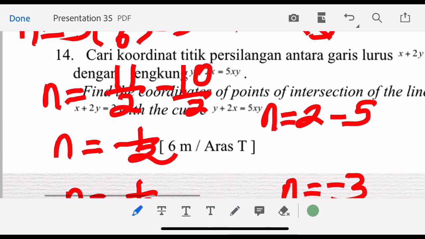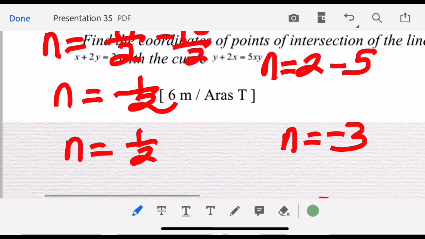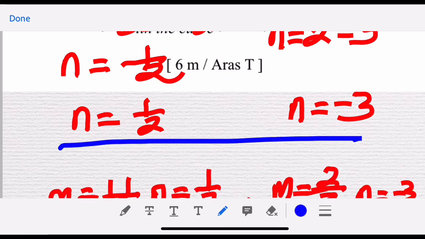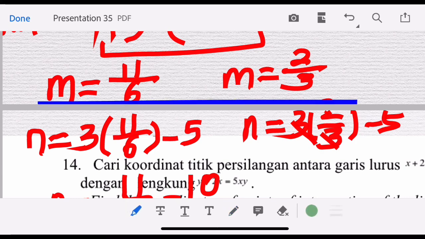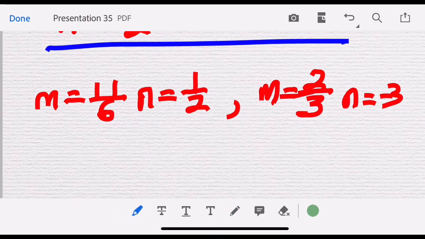You can actually write the answer in pairs, or you can just write your answer for the n, and the answer for the m, which is these two, right? So finally we have solved the simultaneous equation. If you practice more, you will have less mistakes.